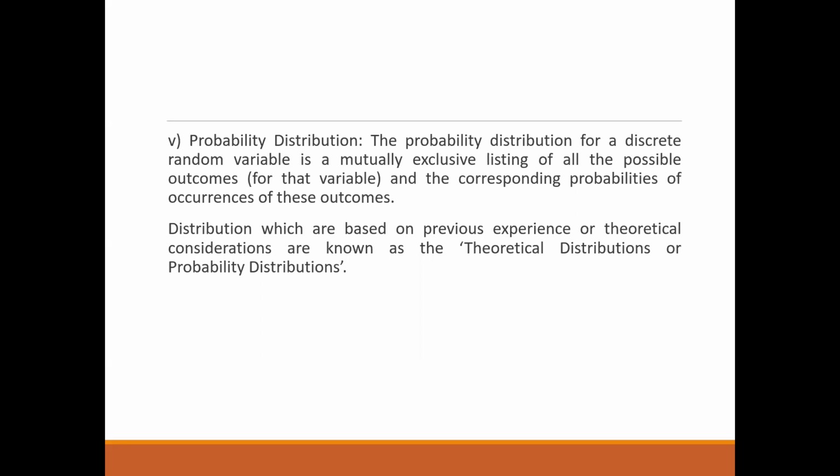Now the probability: if I say P(0), that means no head is going to occur. That will be 1 upon 2 multiplied by 1 upon 2 multiplied by 1 upon 2, which is nothing but 1 upon 8. Similarly, I can do the calculation for 1 head.